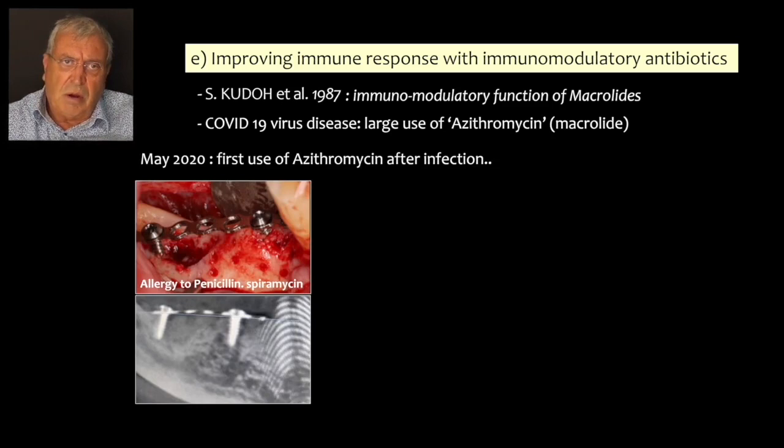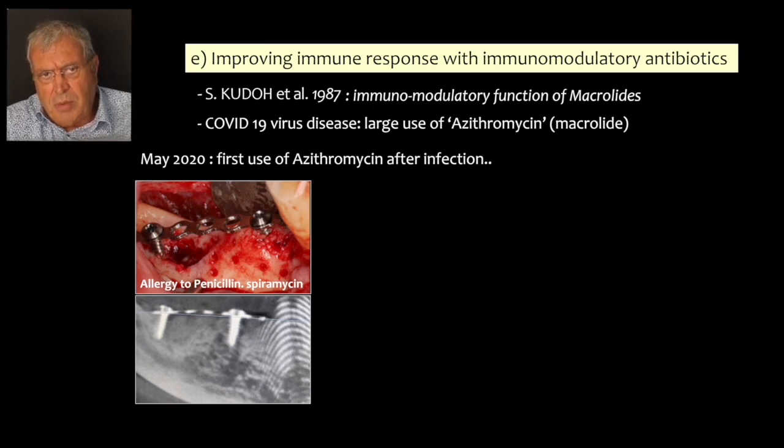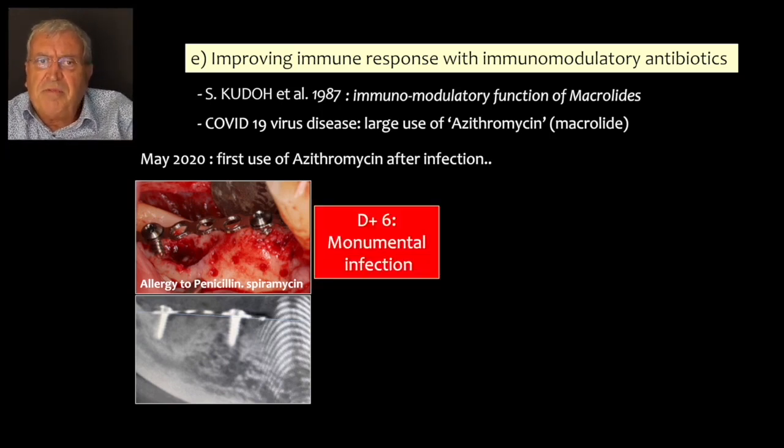After the lockdown in May 2020, a patient came for a vertical bone augmentation, and the surgeon made the vertical augmentation with a mesh, and after 6 days, he came back with a monumental infection. What is a monumental infection?